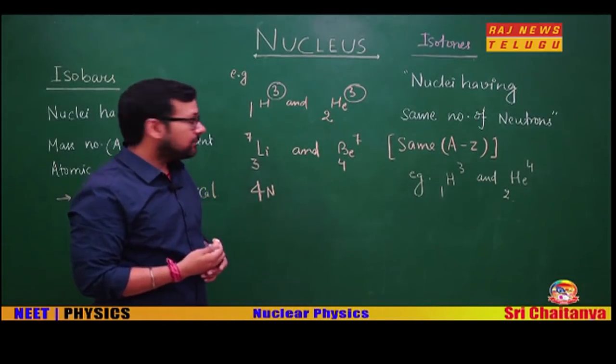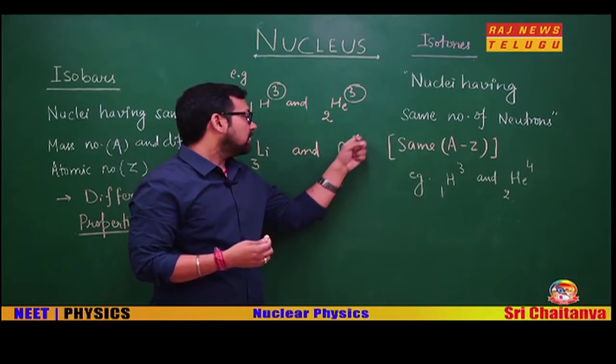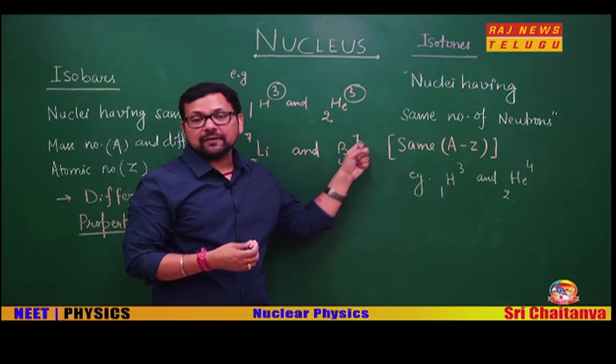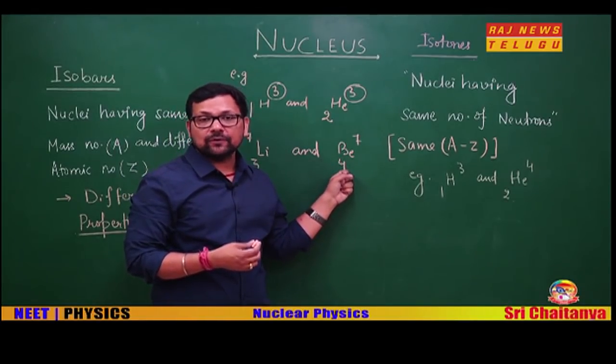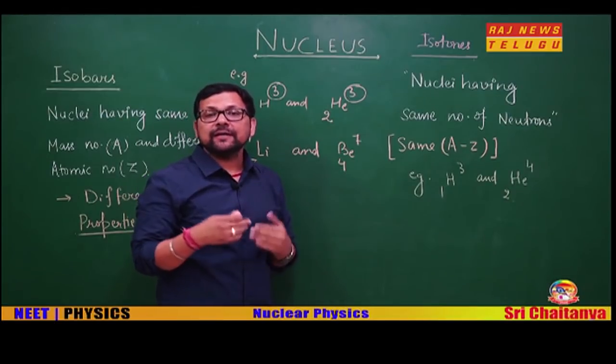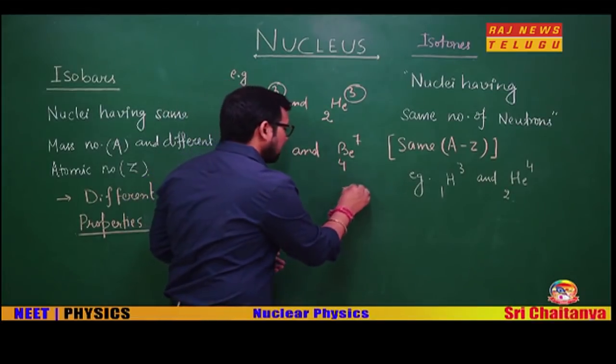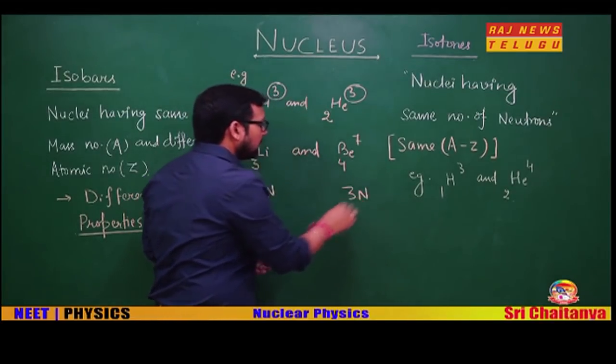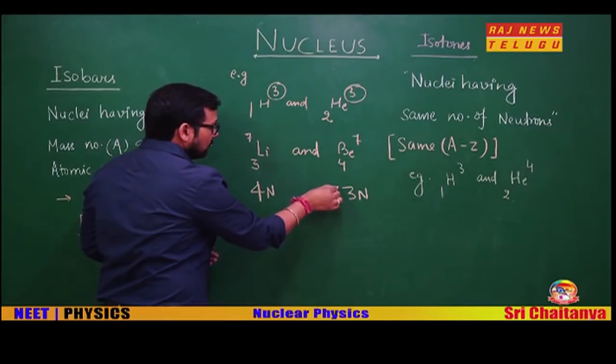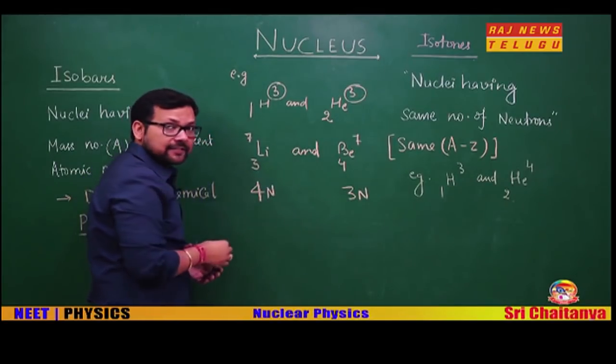In the same way, here mass number is 7, atomic number is 4. Now what is the number of neutrons here? We can say 3. It means 3 and 4 are getting exchanged.